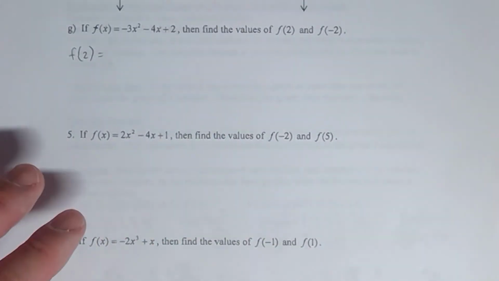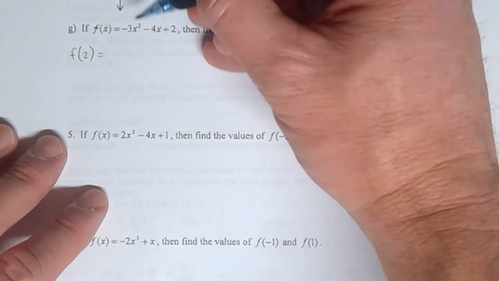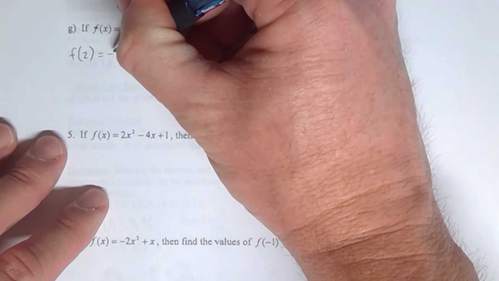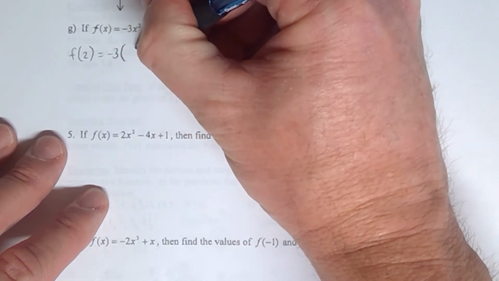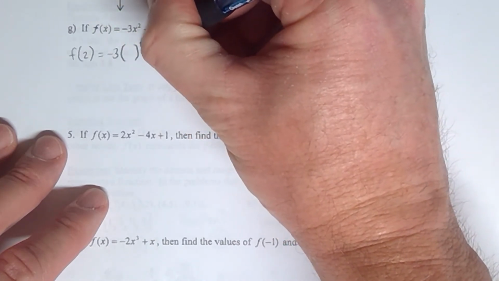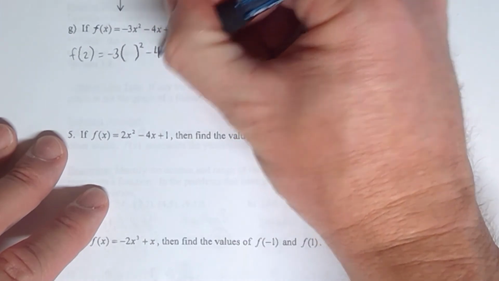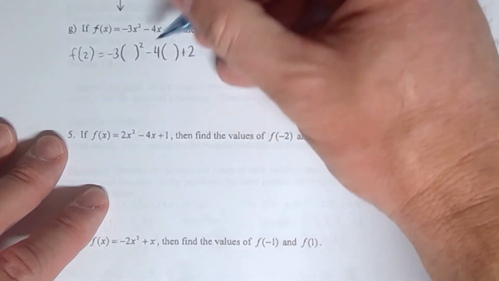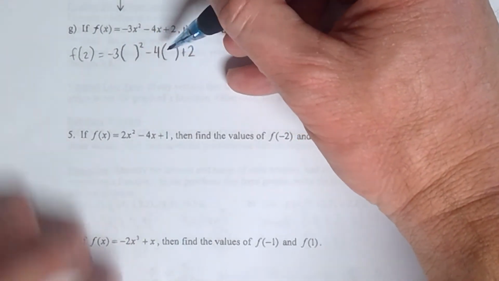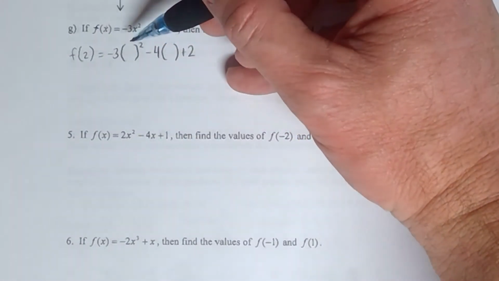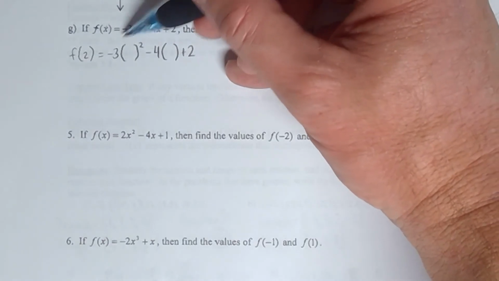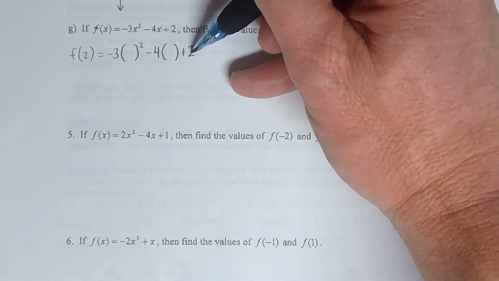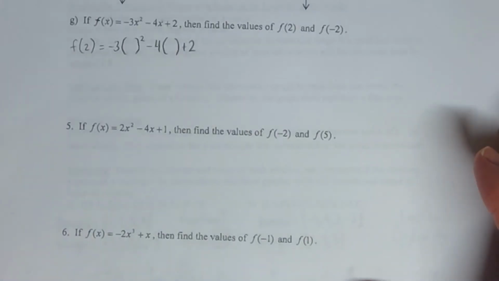As I kind of talked about briefly earlier in this chapter, whenever you replace a variable with a number, you have to first of all replace the variable with an empty parenthesis. Like this. See how I'm replacing the x with an empty parenthesis, but I'm not changing anything else. The -3 is still there, the -4 is still there, the exponent is still there, the +2 is still there, and they're all outside of those parentheses.